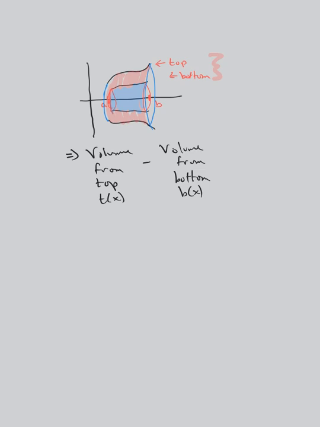Okay, like that. And so if I did them separately, I would have pi times the integral from a to b of my top function squared. And then I would subtract, don't forget your differential, that's what's giving you volume. And then minus the volume of the bottom one would be pi times the integral over the same region.